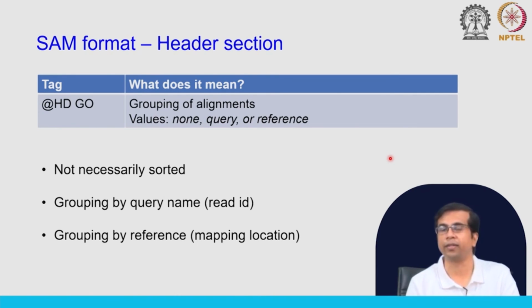So, if some reads are aligning to chromosome 1, you probably want to group them based on the reference genome where they actually align. So, chromosome 1 reads mapping to chromosome 1 will be grouped together. You can have reads mapping to other chromosomes grouped together as well. So, this is usually not necessarily sorted, but you can have this grouping by query name or grouping by reference on the mapping location.